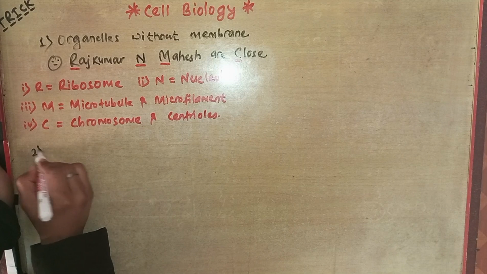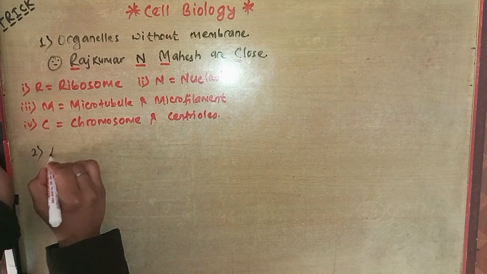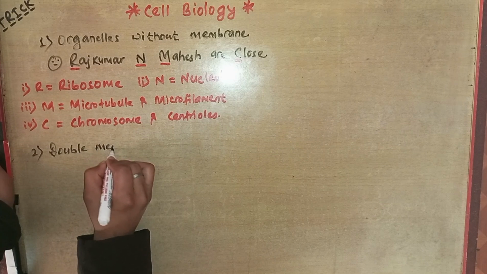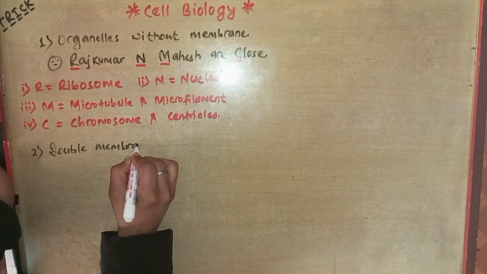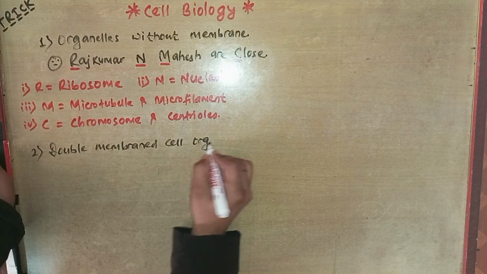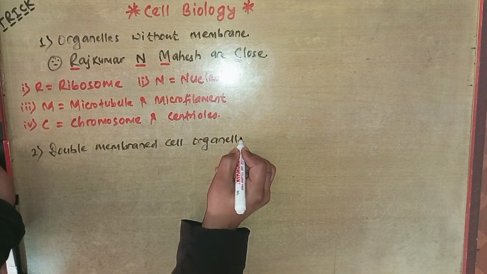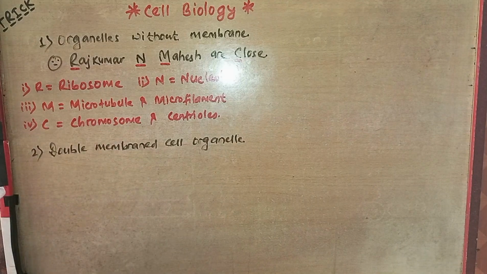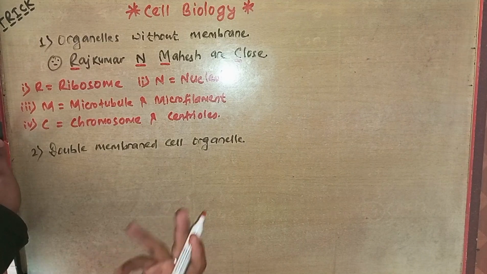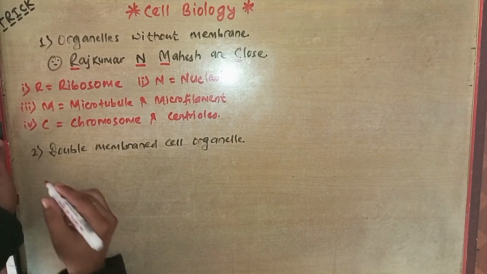And now let's move into double membrane cell organelles. For double membrane cell organelles, it does not need any trick. These are very famous, and there are only two organelles that have double membrane.